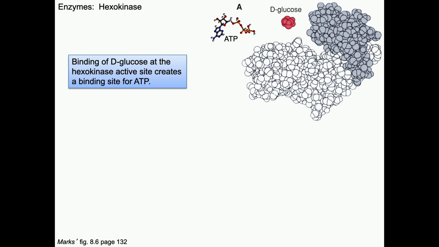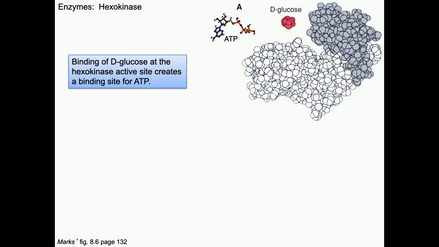But then there's this cleft that is the active site. Okay, so the way that hexokinase makes this reaction happen and links the phosphorylation of glucose with the hydrolysis of ATP is to bind both of the substrates and put them right in the right place.